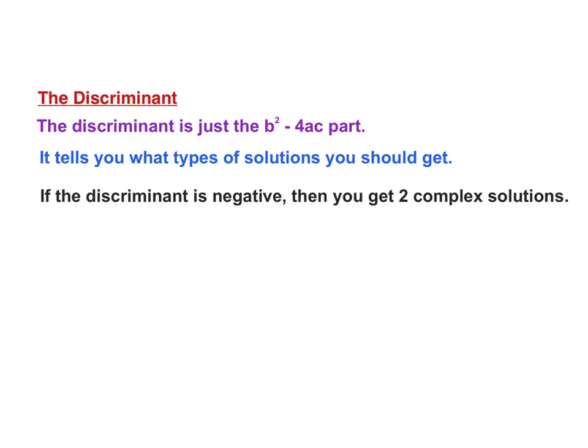In fact, those two complex solutions are conjugates of each other. When we simplified imaginary numbers, when we had a binomial in the denominator, we had to multiply by its conjugate. Those pair of complex solutions, when the discriminant is negative, will be conjugates of each other. Okay?